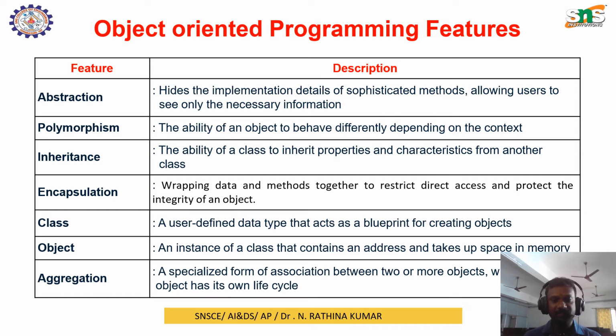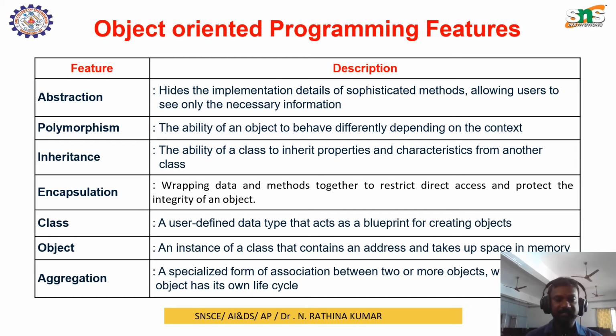Next we are going to see inheritance: the ability of a class to inherit properties and characteristics from another class. The next one is encapsulation. The definition is wrapping data and methods together to restrict direct access and protect the integrity of an object. If you want to access it, you have to follow some procedures.